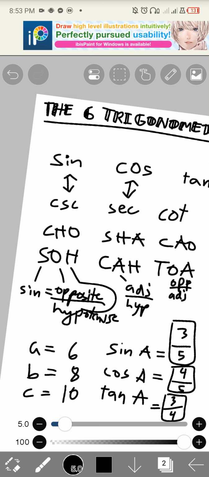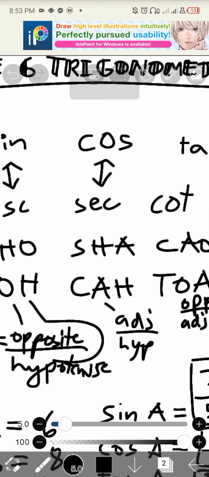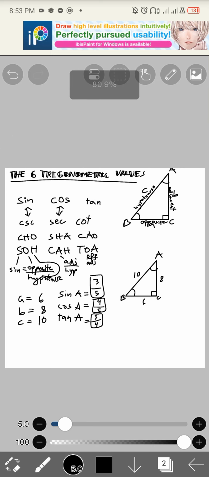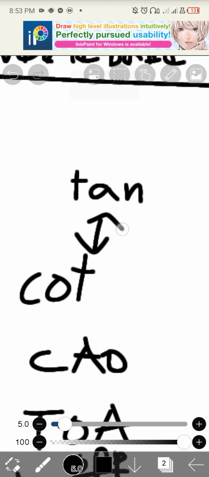And if tangent is opposite over adjacent, cotangent is adjacent over opposite. Pretty self-explanatory, you just flip.